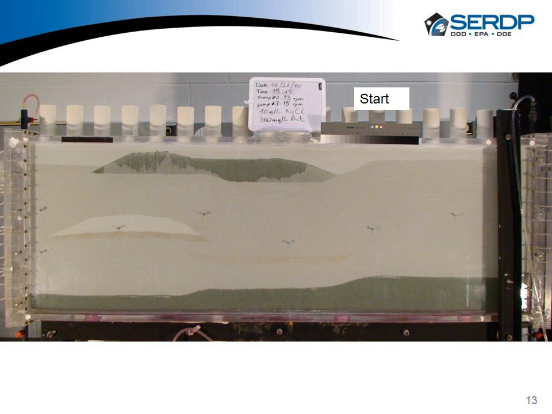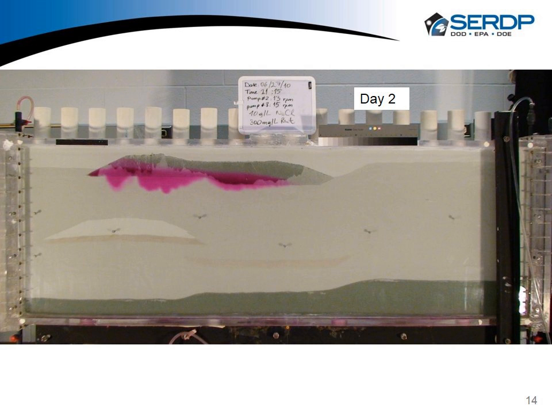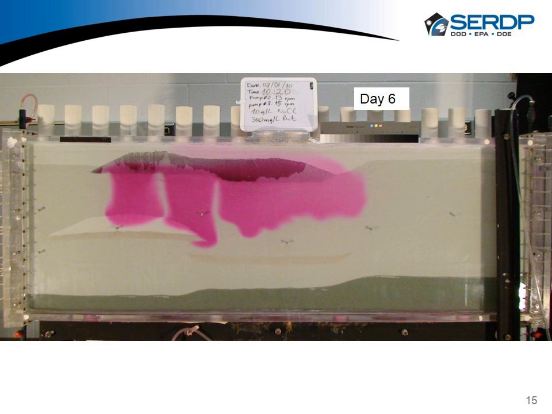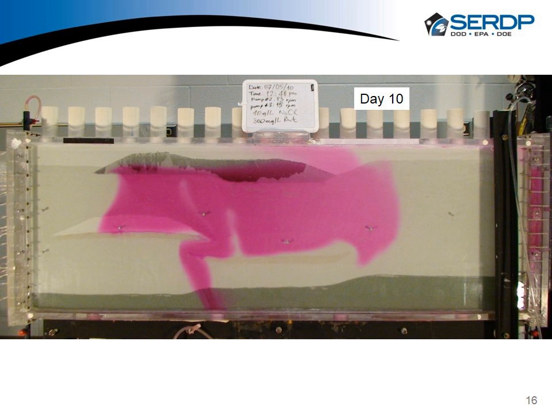So slide 13 is nothing is happening. At day 2, you can see we've added the faux potassium permanganate solution into that lens, and you see fingering and downward migration. And day 6, you can see it's moving further down. And you can see that we managed to create a bowl here by our plume shape.